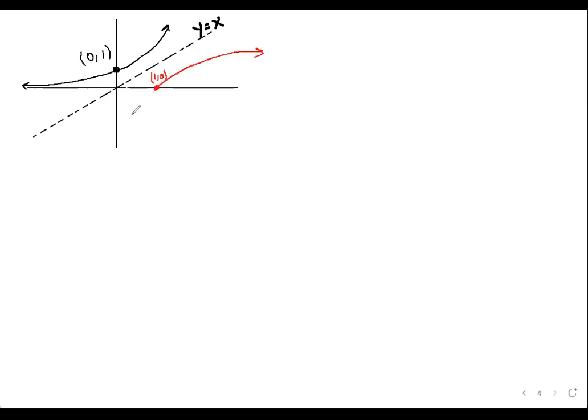So this is the graph of the function. The red one is the logarithm function, logarithm x to the base a equal y. And the black one is y equal a to the power x.